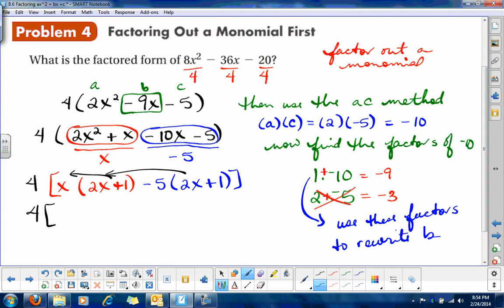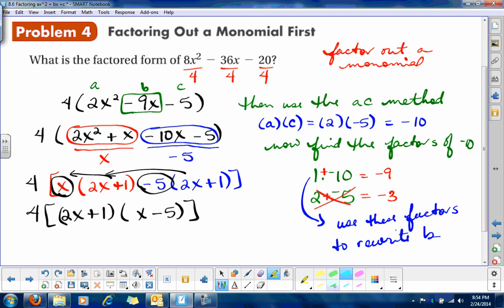So that will be 2x plus 1. There's my first binomial. And then we have the x and the negative 5, x minus 5. And that is our second binomial. And we're all done. So there is your final answer.